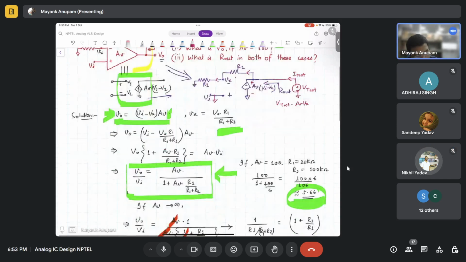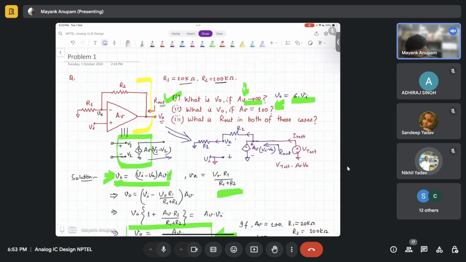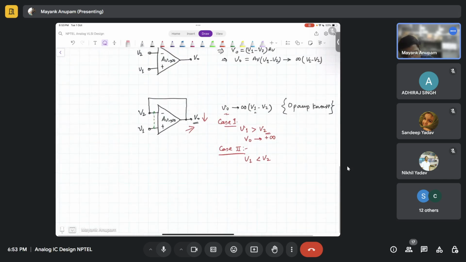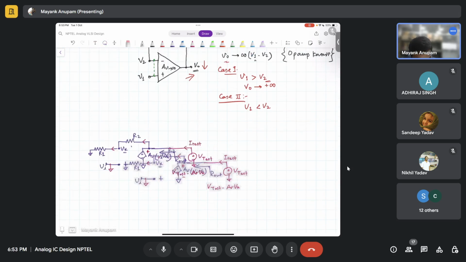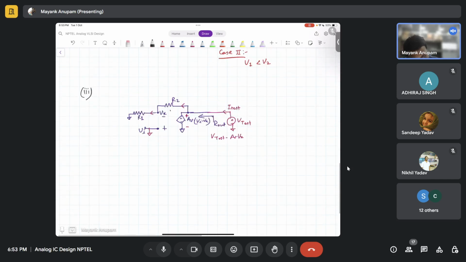So you can see now this is the problem, right? This is a classic problem. I also talked about this last class. So let's do this. Do you see a problem here?